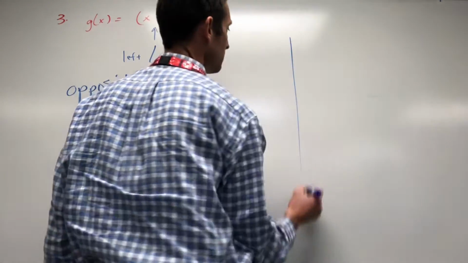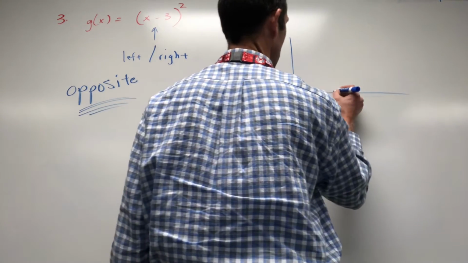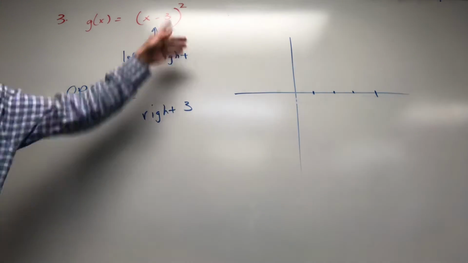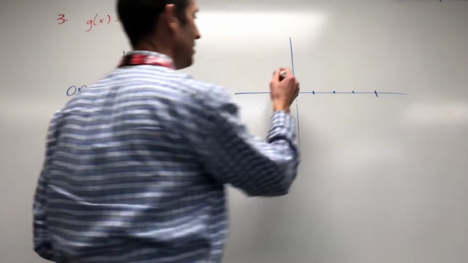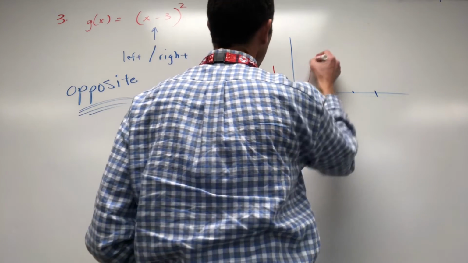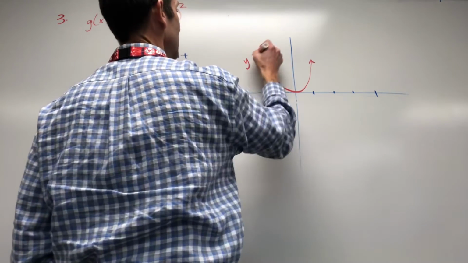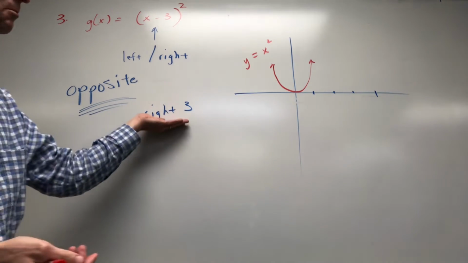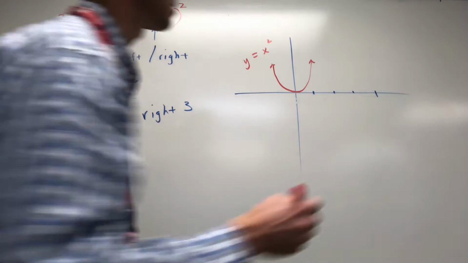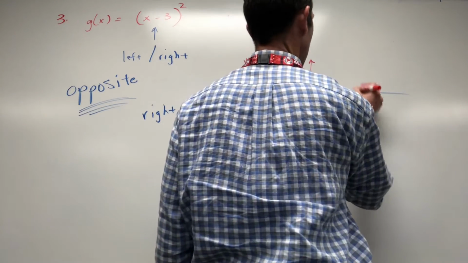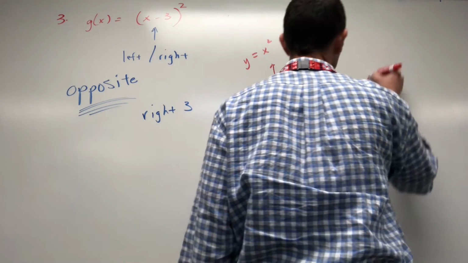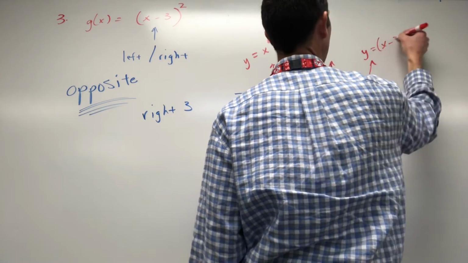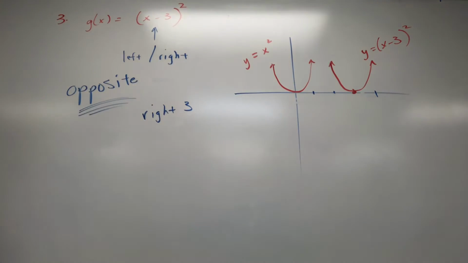So inside parentheses, change it: minus 3, plus 3, you're going right. So let's graph this one. So we have a quadratic, yes. Parabola, yes. There's my parent function, my normal parabola, and I'm going to move it right 3 spots. 1, 2, 3, right here. And I've got it labeled.